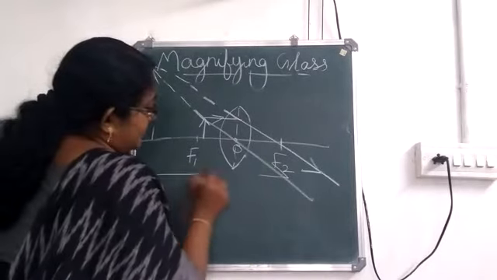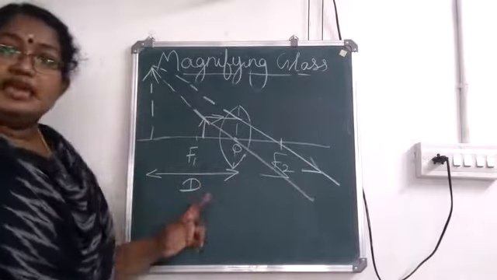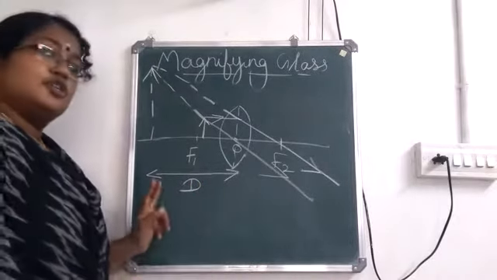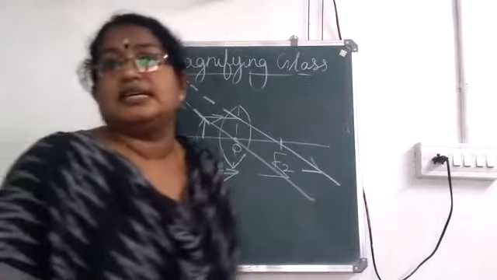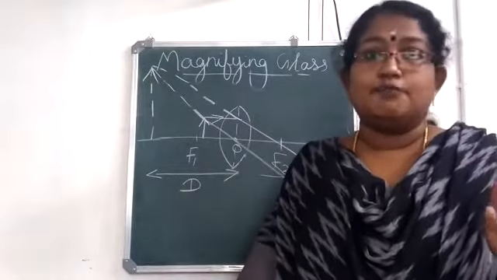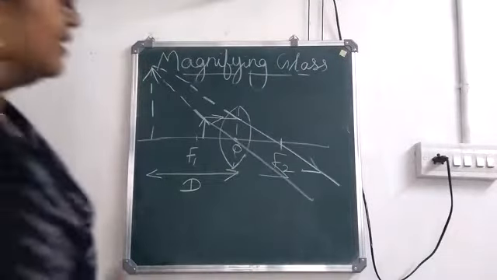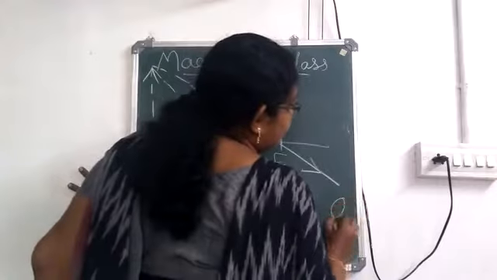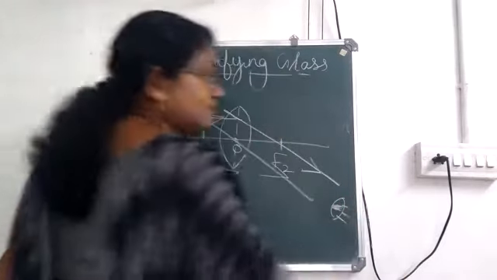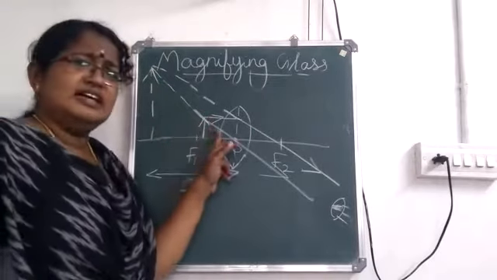The distance between the lens and the image will be equal to 25 centimeter in the case of a normal eye. For a normal eye this will be equal to D. From here we will be seeing this image. Actually, the object is here.